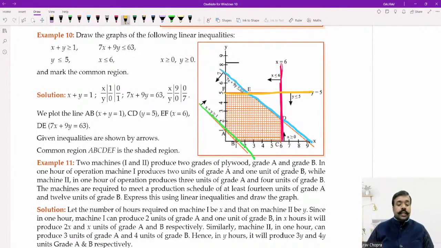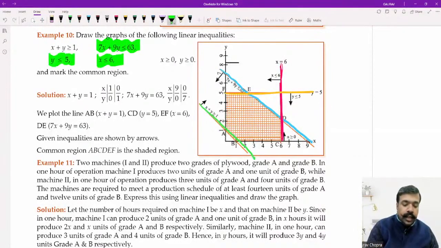Okay. Now let us see which are having less than and more than. So this is less than, and less than. Three equations are pointing inside, that is towards the origin, and one equation is pointing away from origin, which is x plus y greater than or equal to 1. So this is the one which is pointing away from origin.